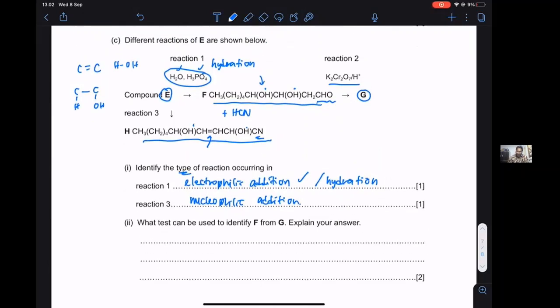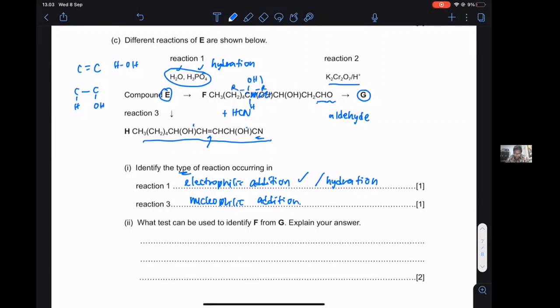Now do remember, F is going to be an aldehyde, and F also has an alcohol group. Let's find out what type of alcohol that is. If I erase this, this is H. If I erase this, this is OH. This R group, another R group.